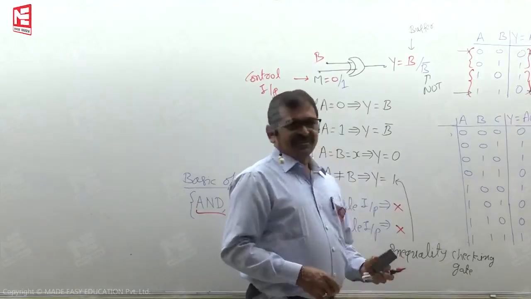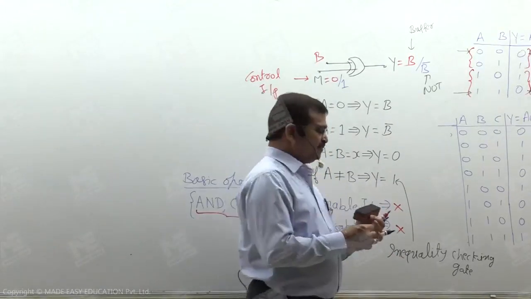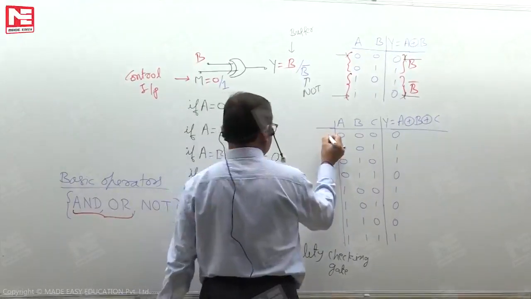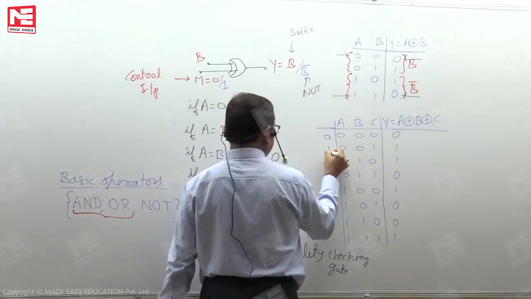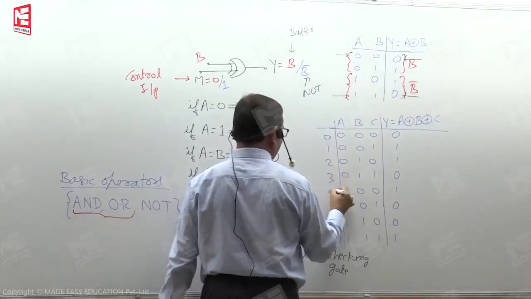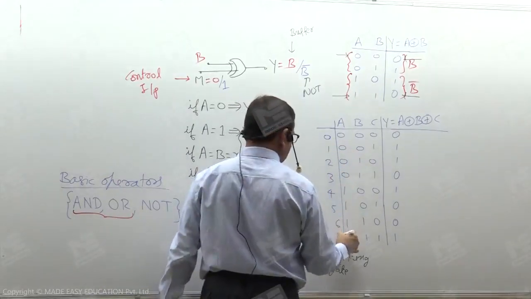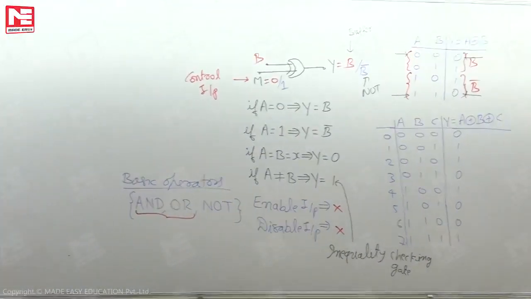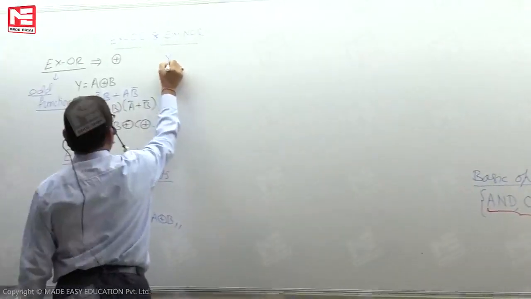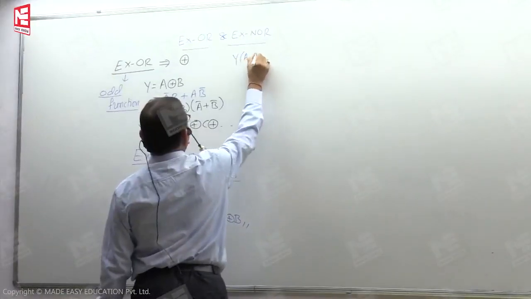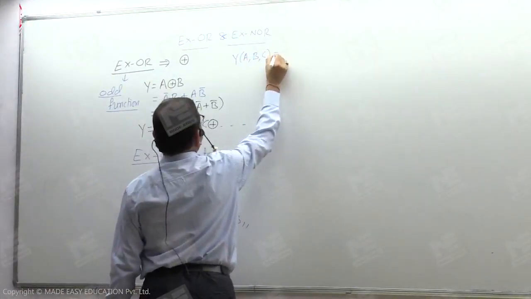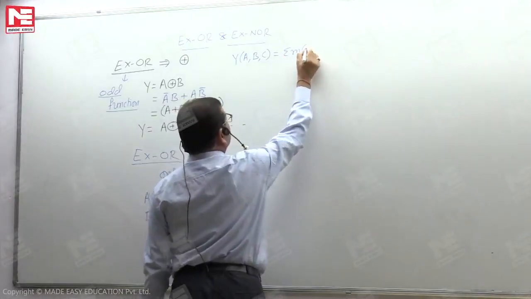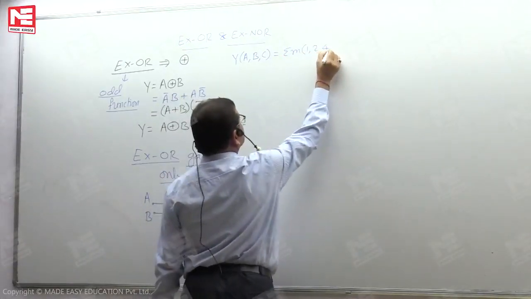From this 3 variable truth table, suppose we are interested to read compact canonical SOP form and POS form. For that, of course, we must read equivalent decimal numbers. So, these are the equivalent decimal numbers. Now, the output Y as a function of 3 variables, compact canonical SOP form, has 1, 2, 4, 7.